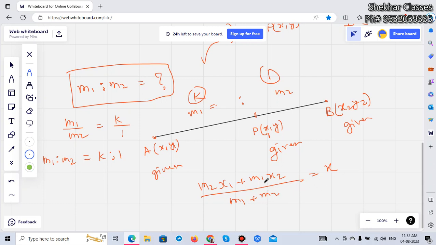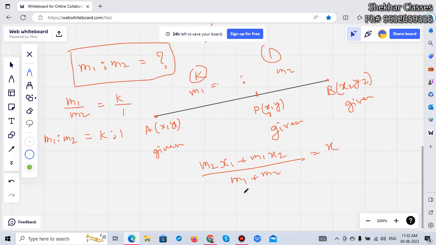If you substitute this here, M2 is 1, so 1 into x1 plus M1, which is K, x2, upon 1 plus K, or K plus 1. This is for x. x is given, x2 is given, x1 is given, so you can find the value of K by solving this equation. Similarly you can find the value of y also.